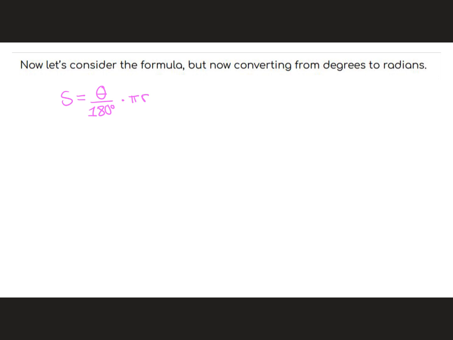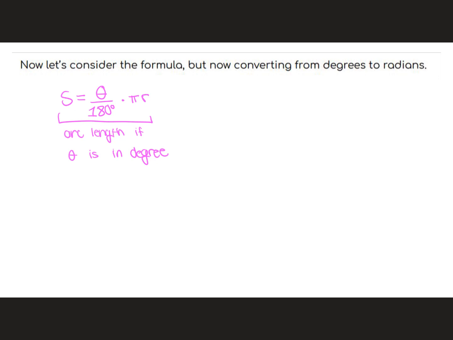So this is the formula for the arc length if theta is in degrees. But with trig we use radians a lot of times.